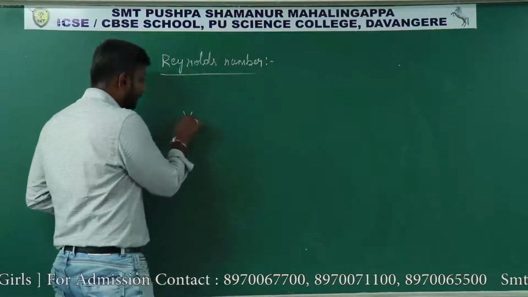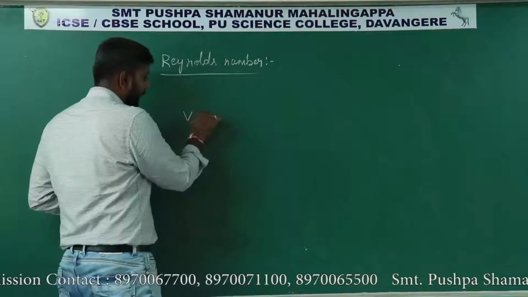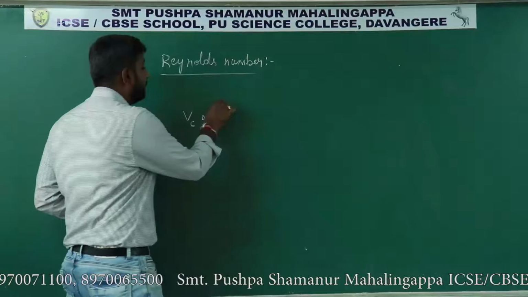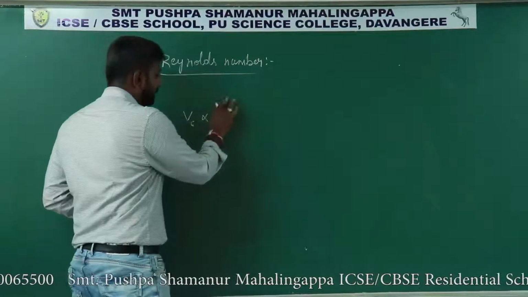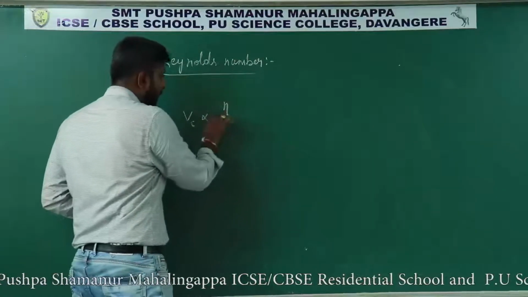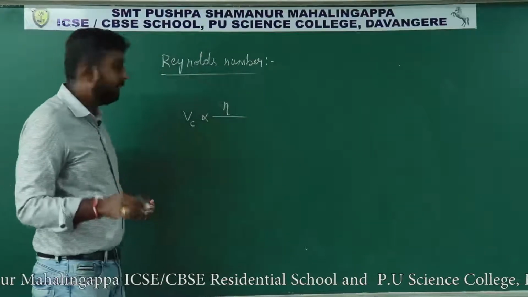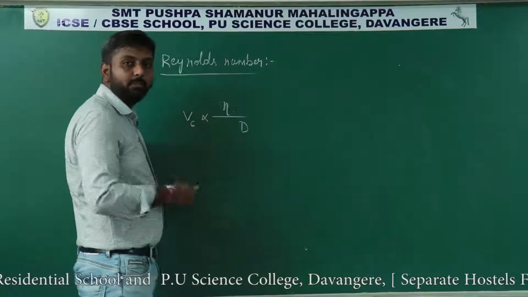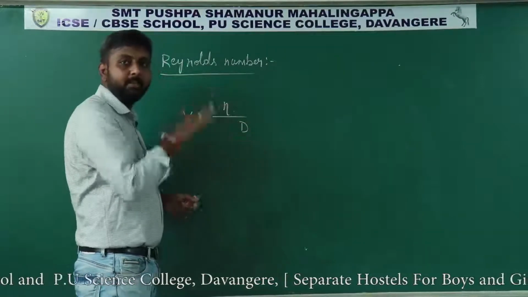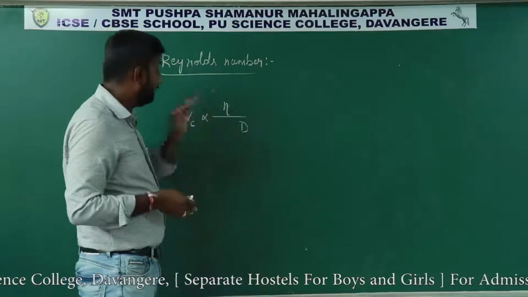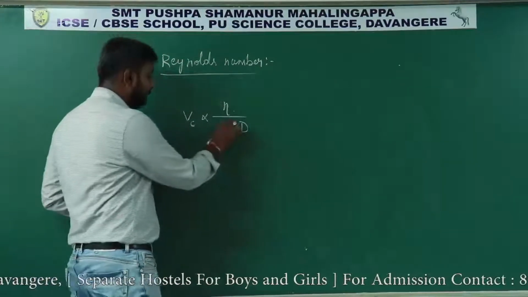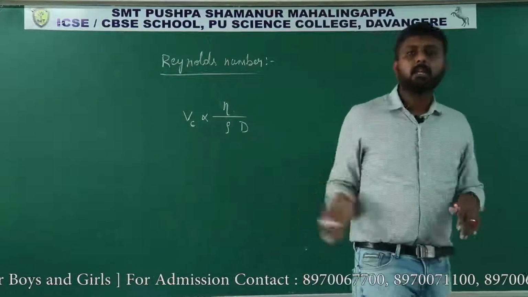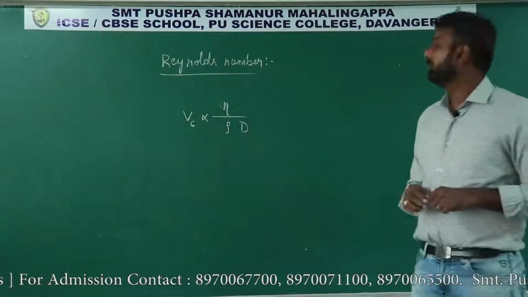This critical velocity depends on the coefficient of viscosity, the diameter of the pipe, and the density of the fluid.